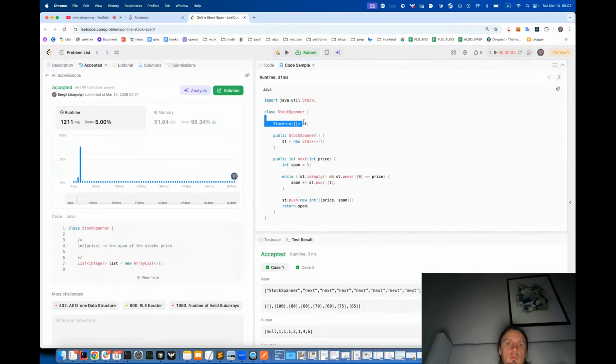And we can check that we actually can do it with a stack, but I don't know why with a stack it is faster. We have a stack with price and span.